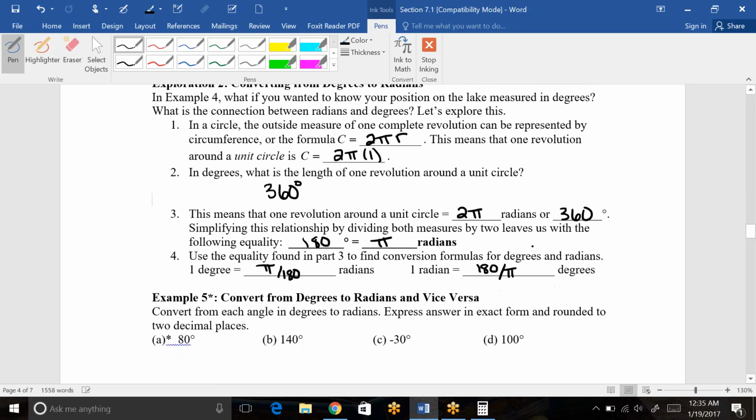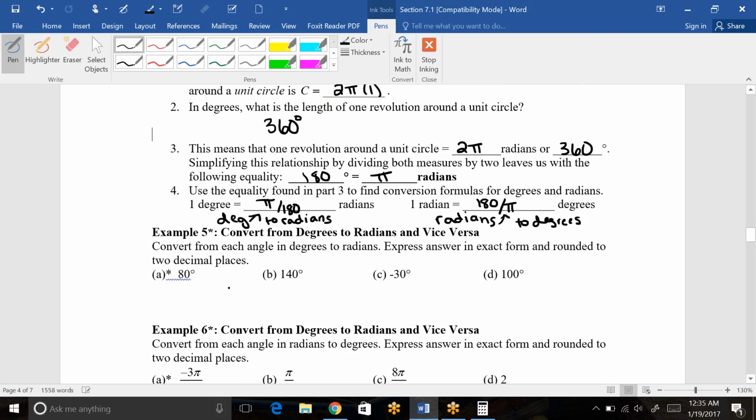So how do you know which way you're going? If you have degrees, you multiply by this to go to radians. If you have radians, you multiply by this to go to degrees.